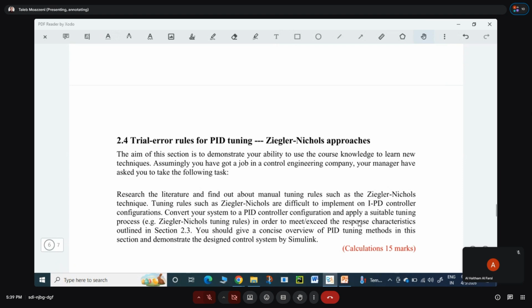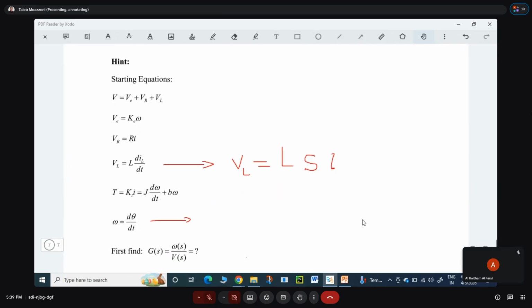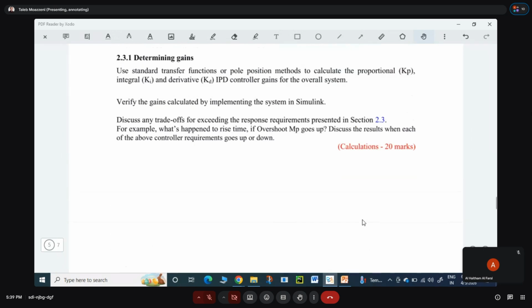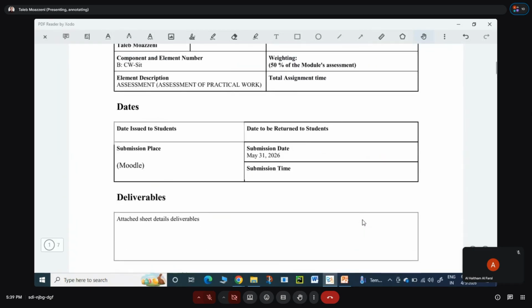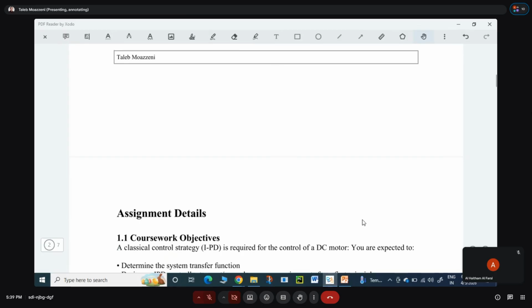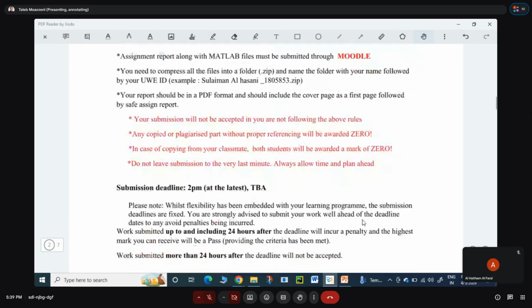For example, in the Ziegler method, first we look at P. If the P is very high, then we reduce it, and if the result is okay, then we go to PI, look at PI, and then PD. So you should search and see the information about these tuning rules. That is for the assignment, how to do it. But the MATLAB part is another part, for plots and output results. Next week, we will cover that part.